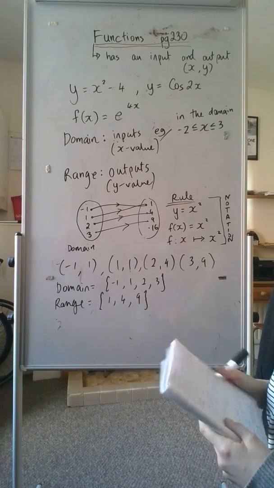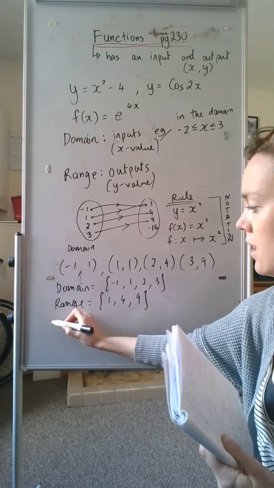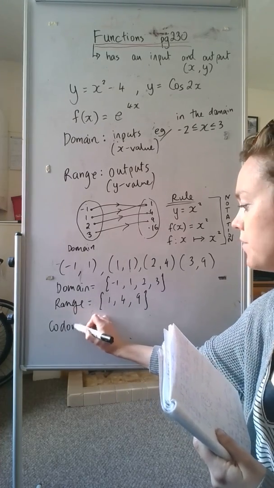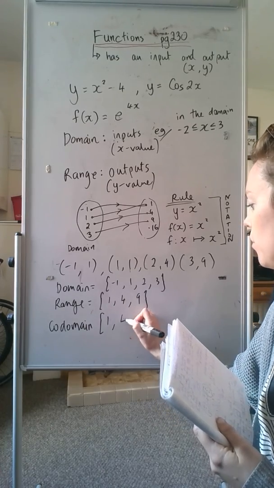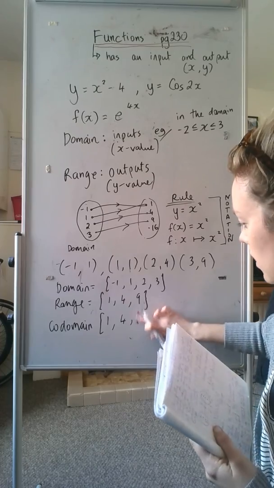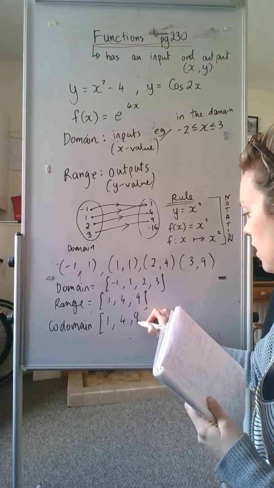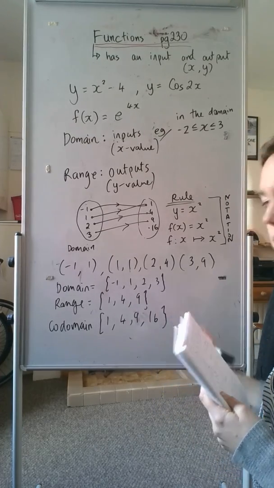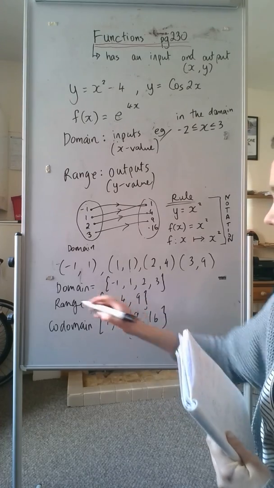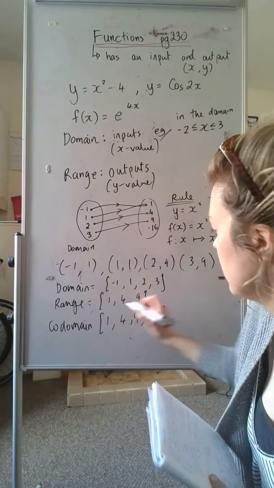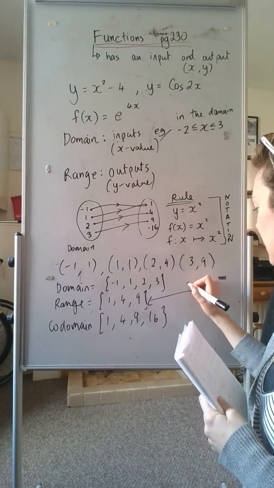Okay, this brings me on to another idea here, which is called the codomain. And I'm going to tell you what that is here. It's 1, 4, 9, apologies, 9 and 16. So your range are your actual outputs, okay? So I'm just going to write that over here for range.